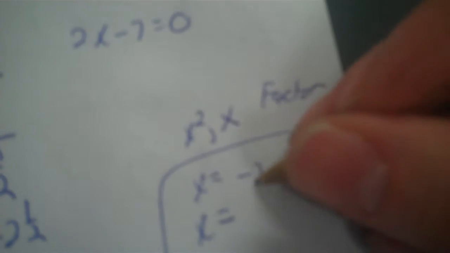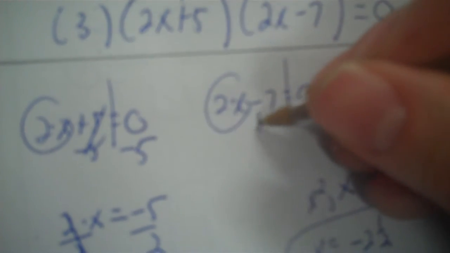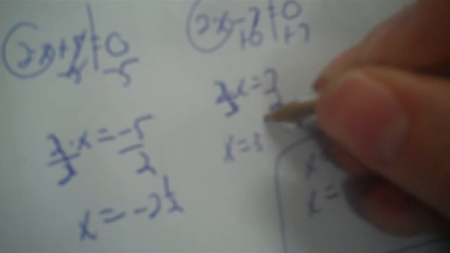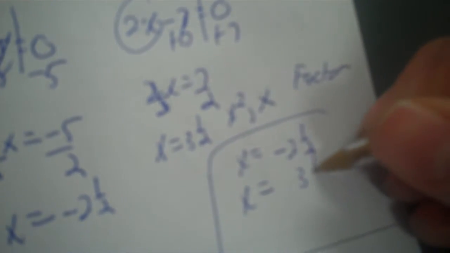That's negative 2.5. I'm fine with negative 2.5, or you can convert it into a fraction. Now over here, plus 7, that would be 7. 7 divided by 2 is 3.5, okay? You can write that, or you can convert it into 3.5. I don't care, okay?